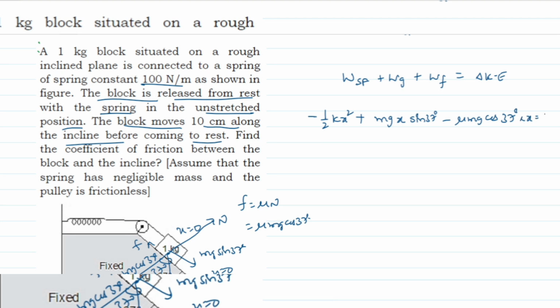So final velocity and initial velocity both will be 0, and here we will be getting 0.